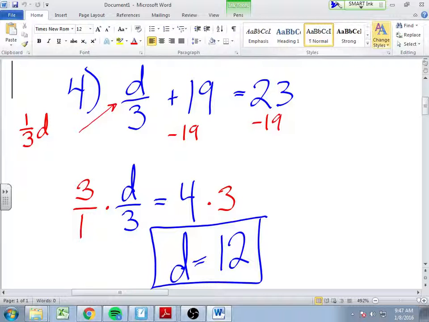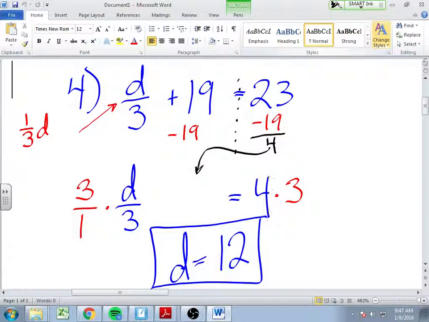What are you confused on? So we subtracted 19 on both sides. That subtraction of 19 gave me 4, because 23 minus 19 is 4, so then my right side is 4. I didn't really keep my equals lined up.